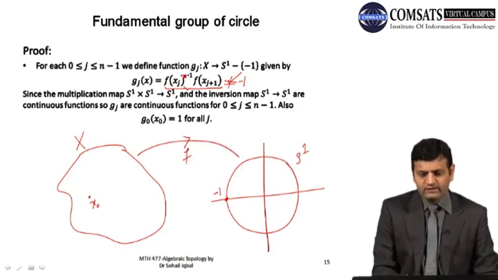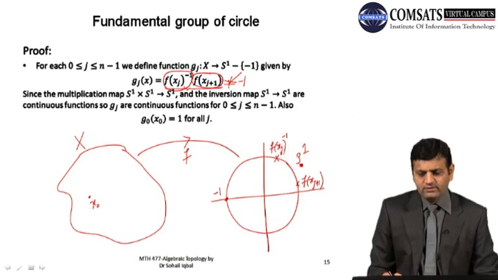So f of xj plus 1 is an element of the circle S1, and f of xj inverse is an element of this circle. So given two points, f of xj inverse and f of xj plus 1, their multiplication must be on S1 because we have seen that it's a group under multiplication.